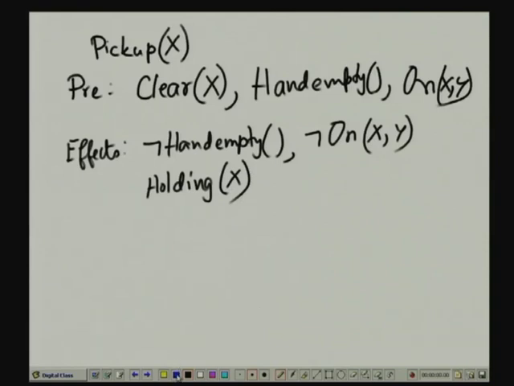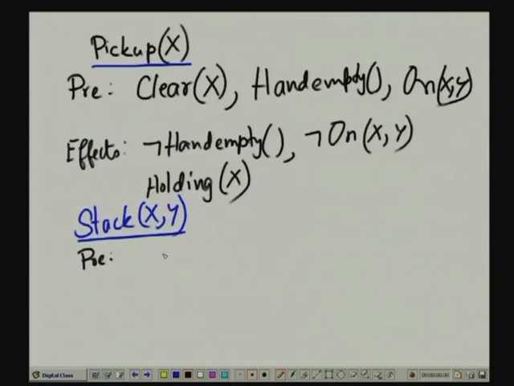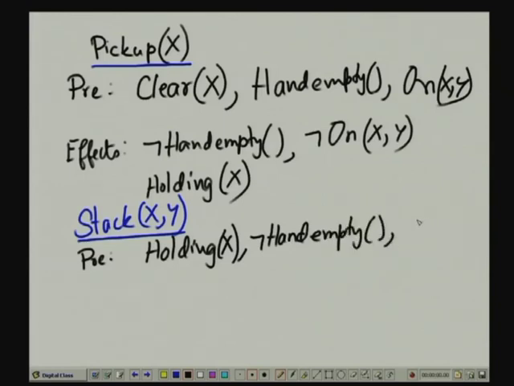For the action stack X Y, what would be the preconditions? The precondition has to be that holding X, not a hand empty, clear Y. What will be the effects?